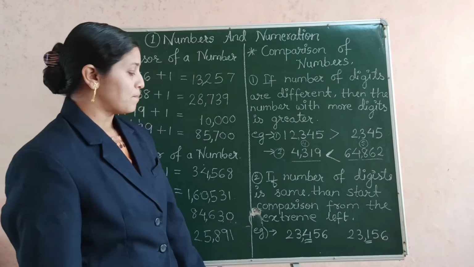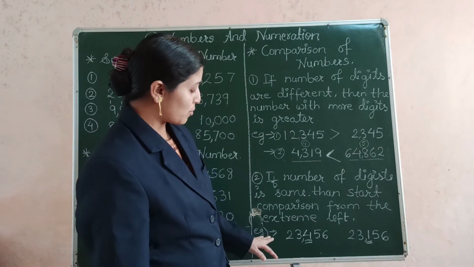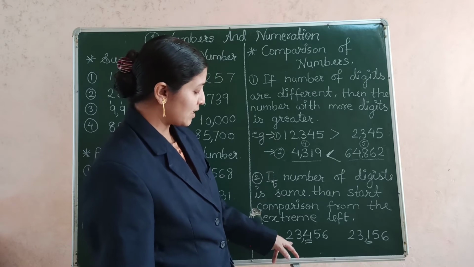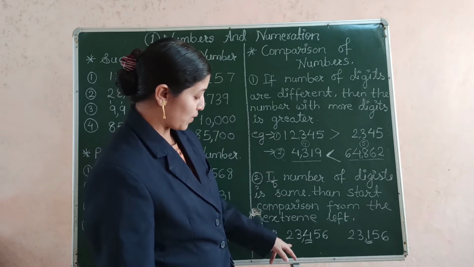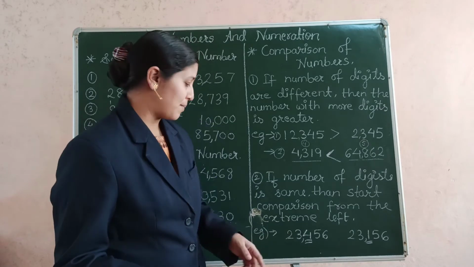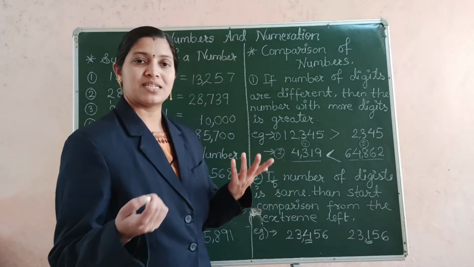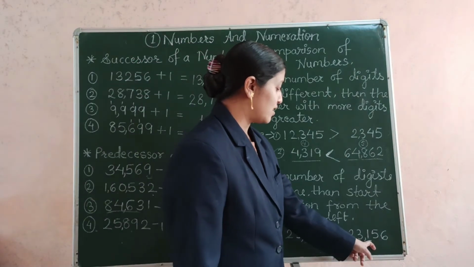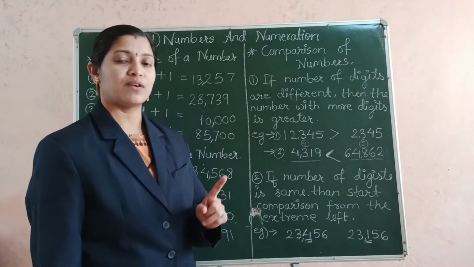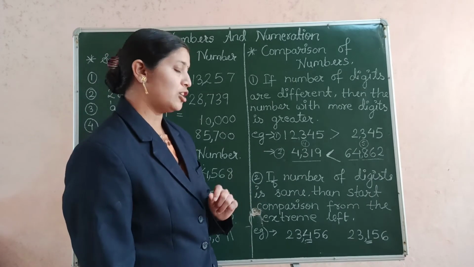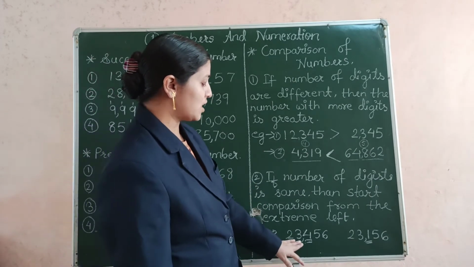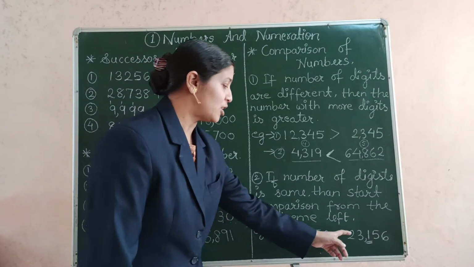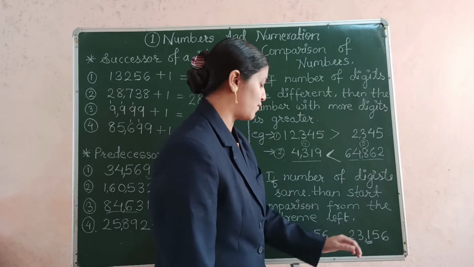23,156. Okay, you can see we have to go from the extreme left. First we have to compare the greatest digit in its value. 2 and 2 same, 3 and 3 in thousands place same again. Here in the hundreds place we have 4 and in this number in the hundreds place we have 1, and 1 is smaller than the digit 4, and that is why 23,456 is a greater number than 23,156.